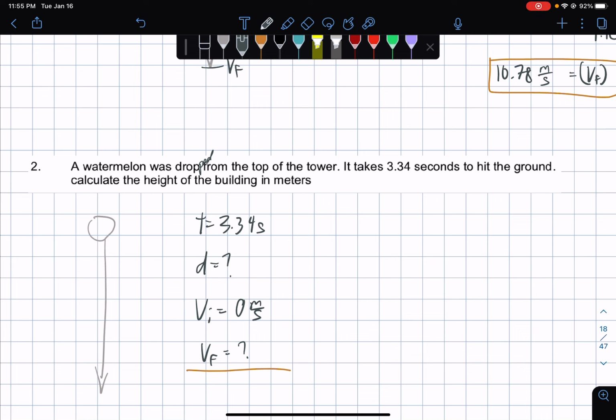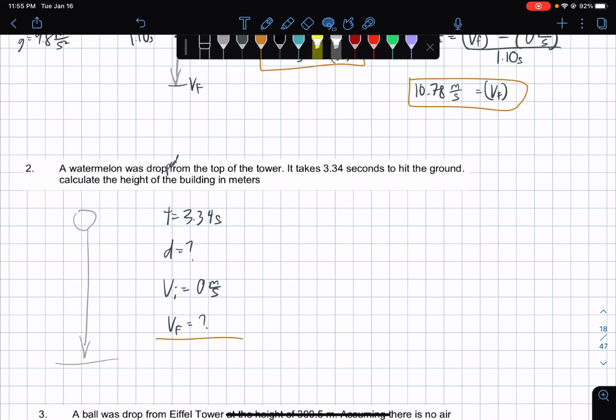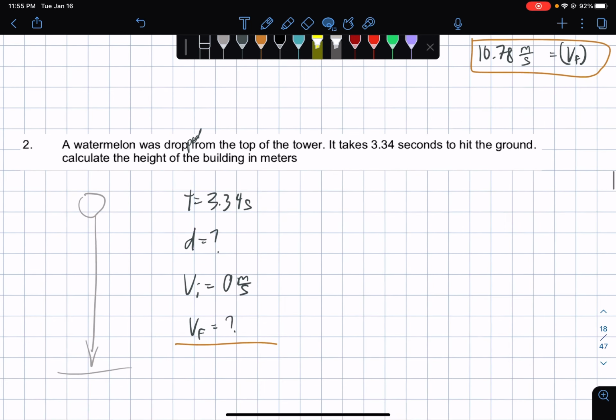So what do we have to do? If you want to calculate the height of the building, it's going to have to involve a formula with time. Yes, distance is equal to VIT plus AT raised to 2 over 2. But then we don't know what acceleration is.